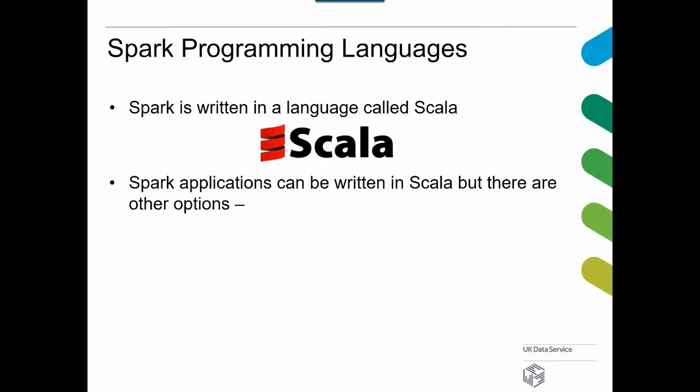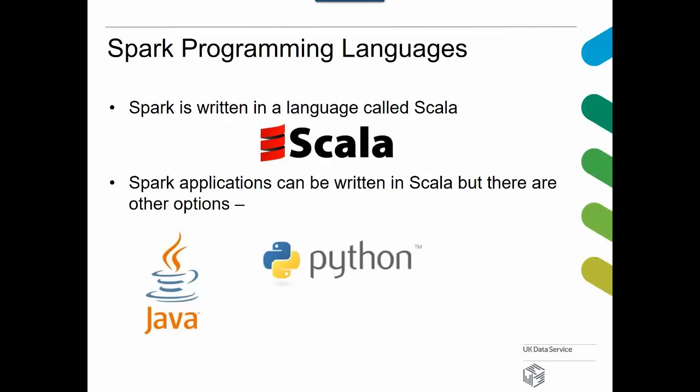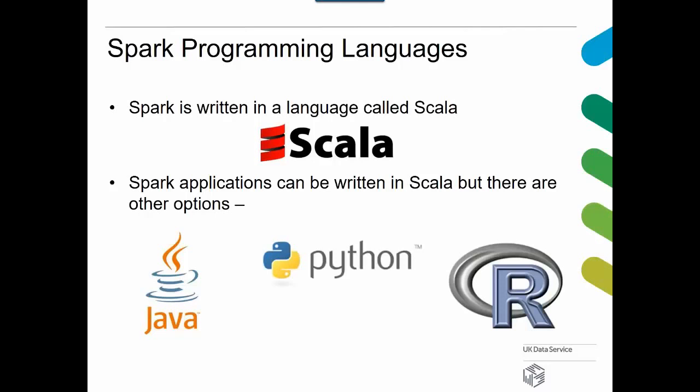Any Spark code, any functionality of Spark is available in Scala. And it's very similar with Java. You can also use Python, and now we can use R. The reason we can do that is that for each of those languages, there is a specific Spark API which is being produced to integrate the Spark code with the code of the other languages.